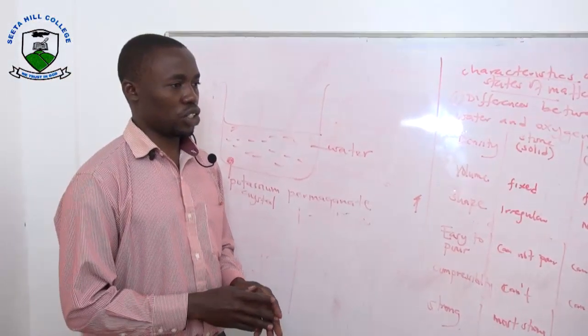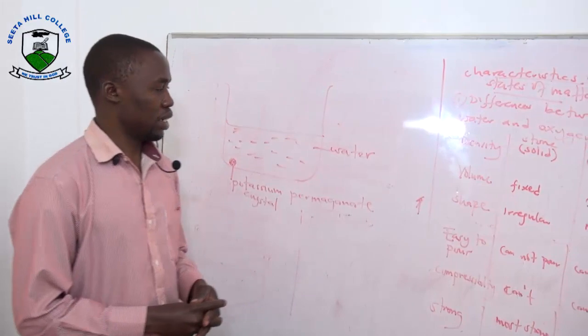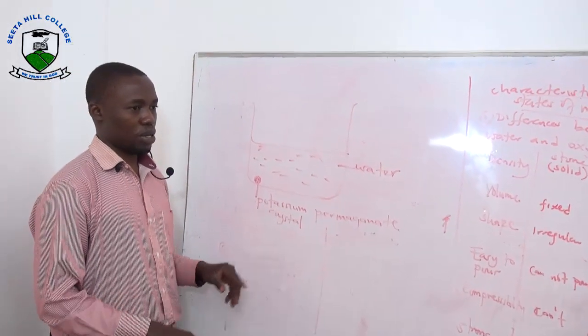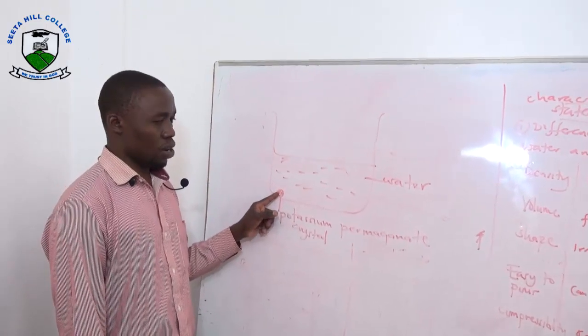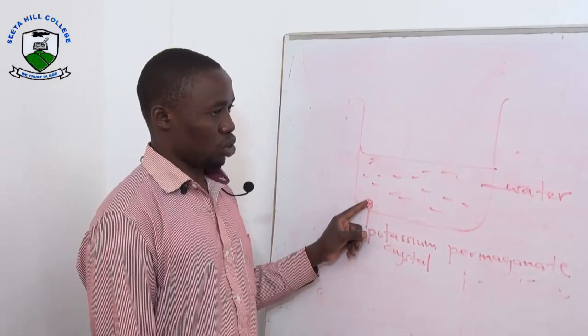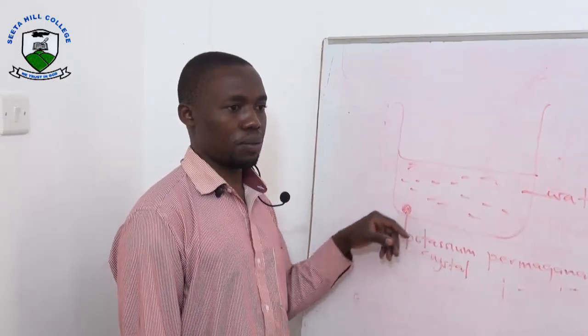When we add a crystal of potassium permanganate, as we wait for the experiment, it will spread through the water.